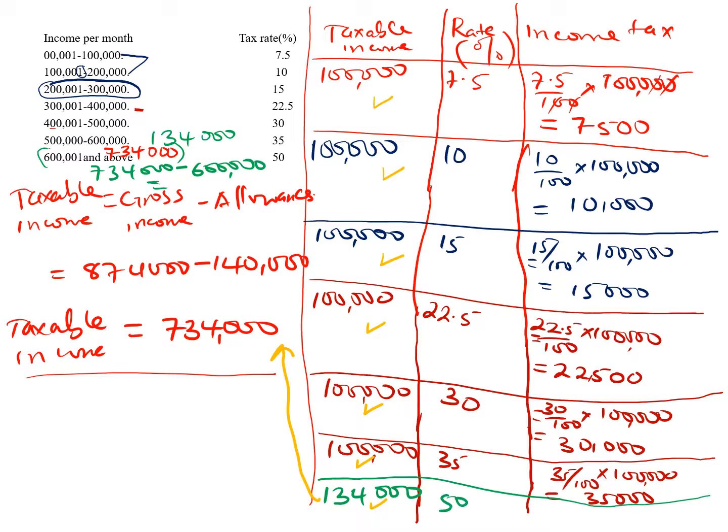50%. So we shall have 50 out of 100 times 134,000, and here the answer is 67,000.